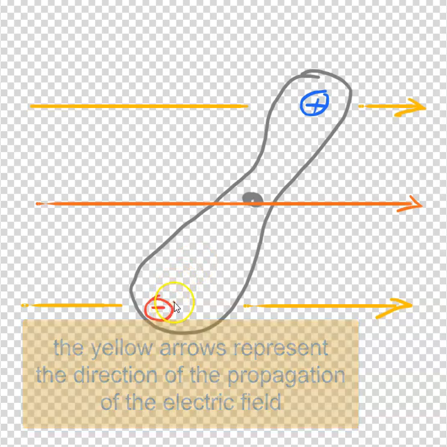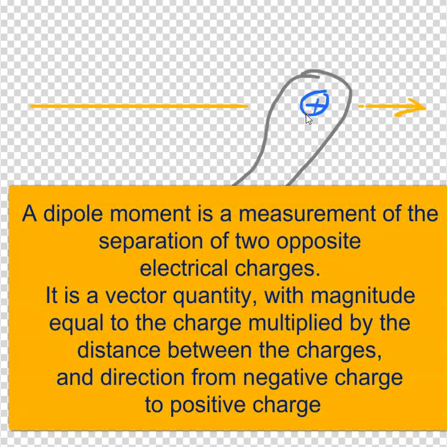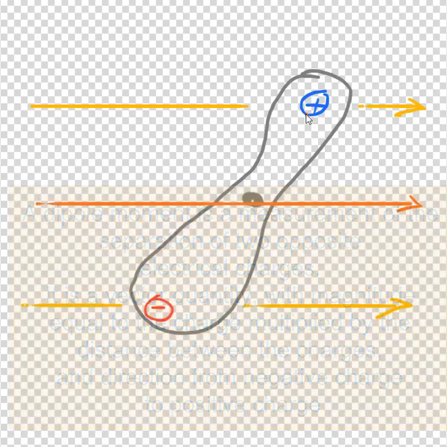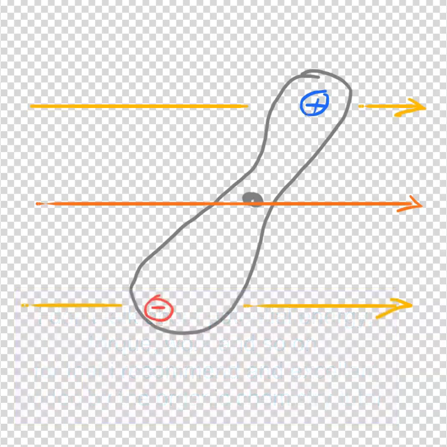So the distance d would be just the physical distance from here to the positive pole, and an interaction between the dipole moment and electric field will depend on the orientation of the molecule or dipole moment in space with respect to the electric field and the angles created and the torque resulting from the angle.